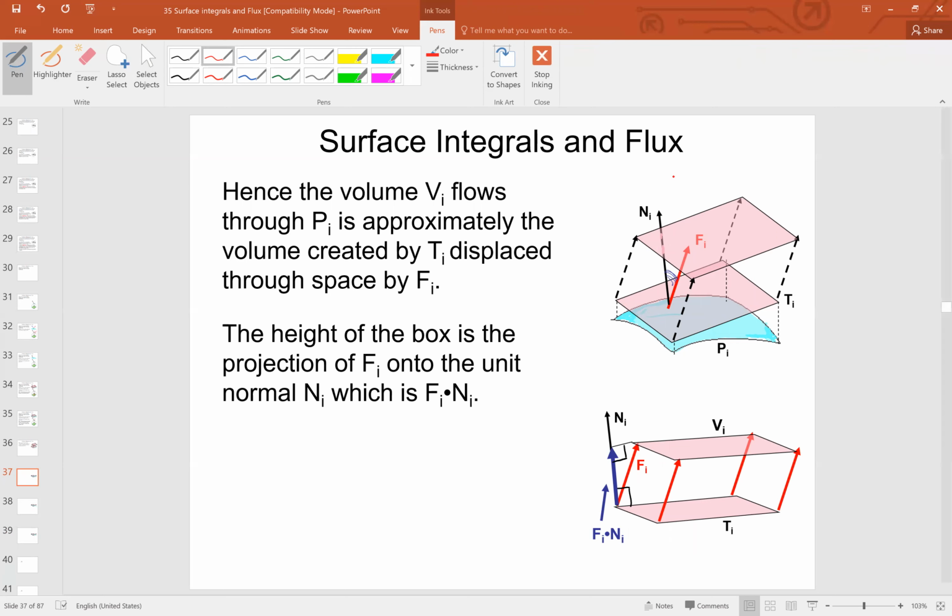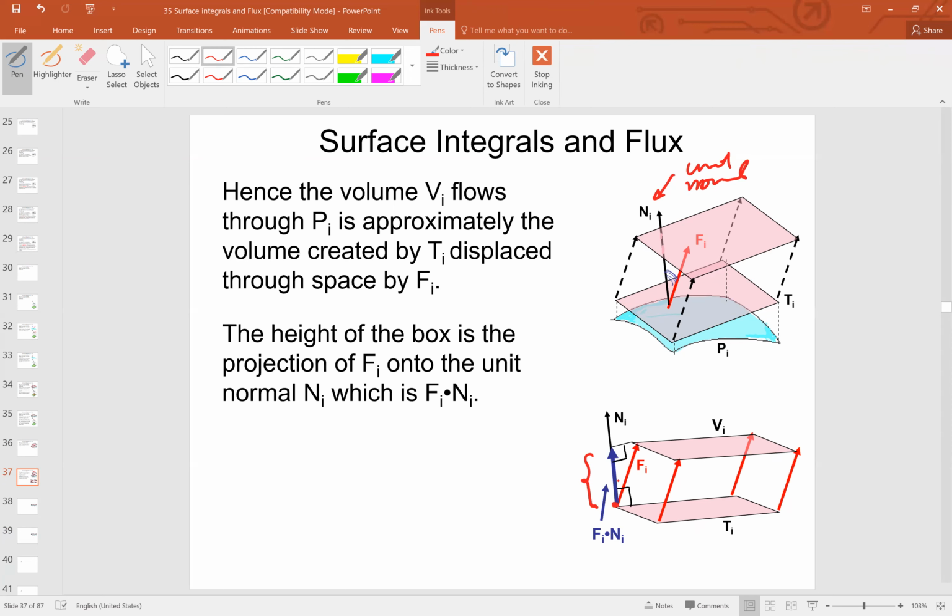If this is the unit normal, then the height of that box is the dot product of the flow vector at the point, Fi, dotted with the unit normal at the point. That will give you the height of the box.